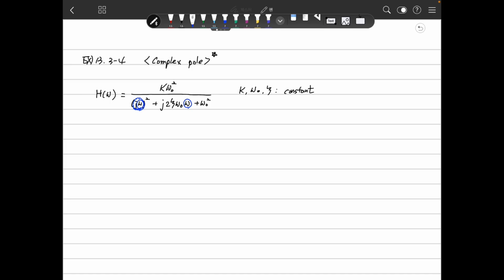This type of network function is a kind of second order network function, or transfer function.